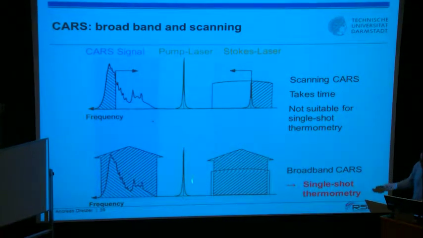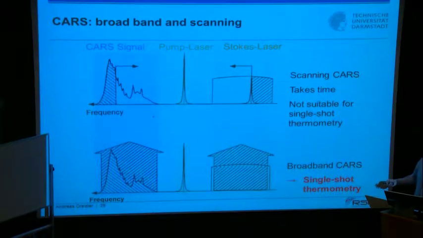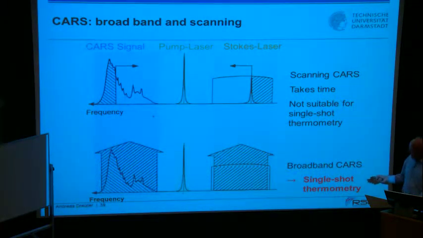That's why in turbulent flames you use broadband dye lasers. Yeah, there is no time to explain how broadband dye lasers are working, but now you offer here a multitude of frequencies and wavelengths, and now you have all the pairs between pump and Stokes lasers giving rise to these different Raman resonances, such that your CARS signal contains the full spectrum. And that can be done in a single shot.